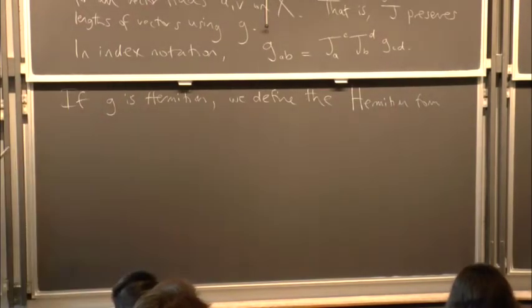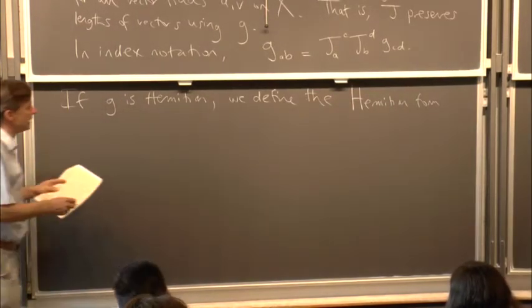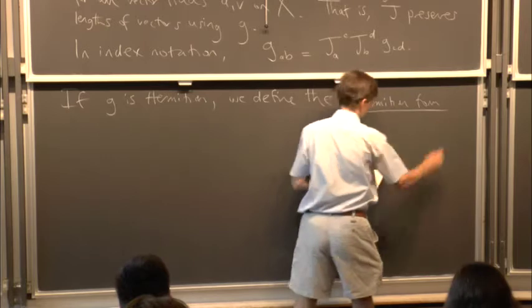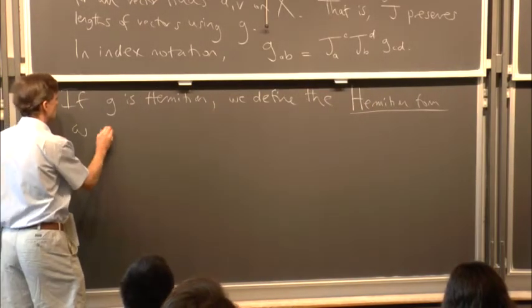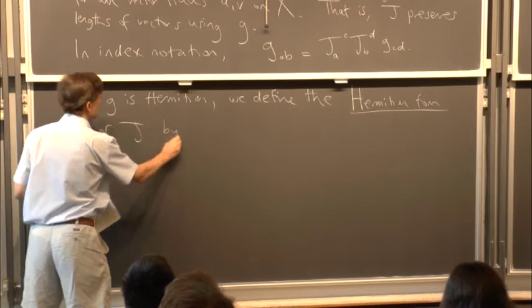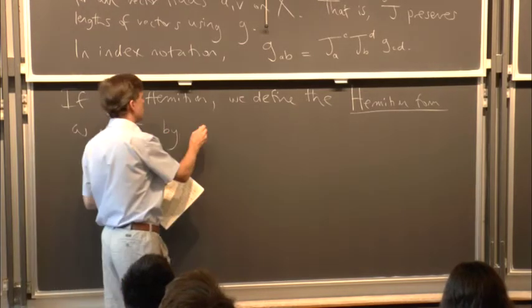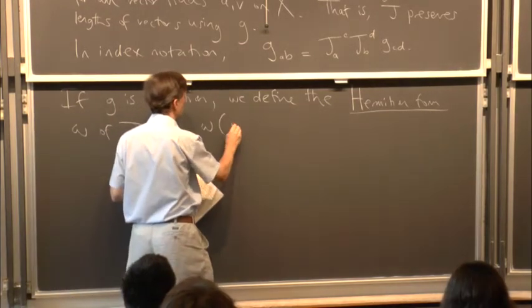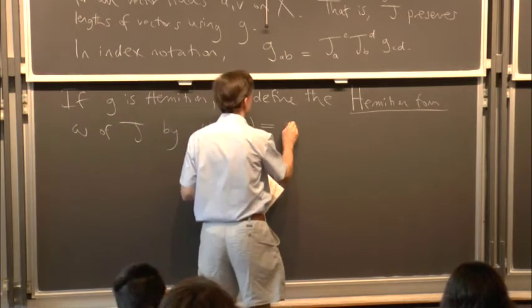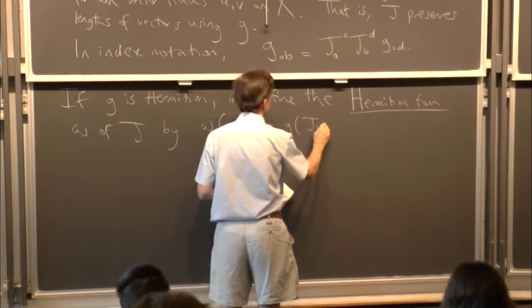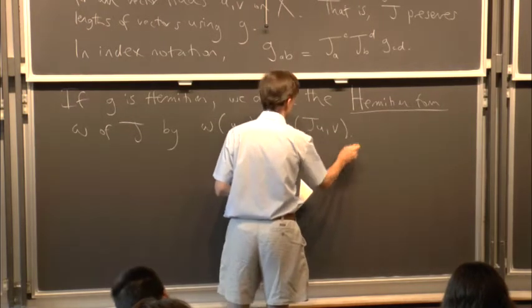If g is Hermitian, we define the Hermitian form omega of g by omega(u, v) equals g(Ju, v).